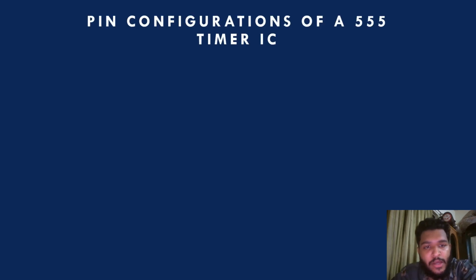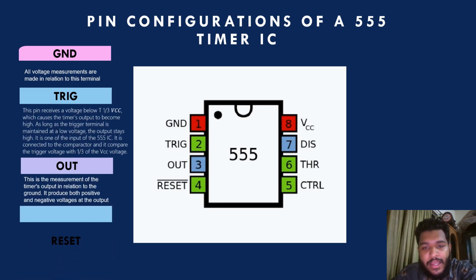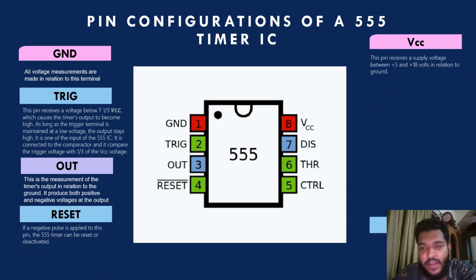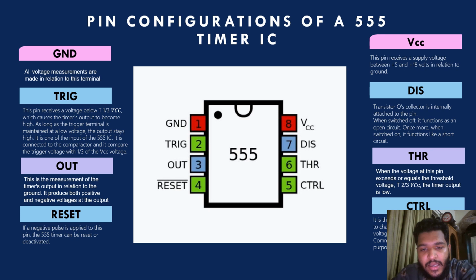Here we will be talking about the pin configuration of a 555 timer IC. These are all the 8 pins of a 555 timer. The 555 timer IC, a cornerstone of many electronic projects, boasts a simple yet powerful pin configuration.